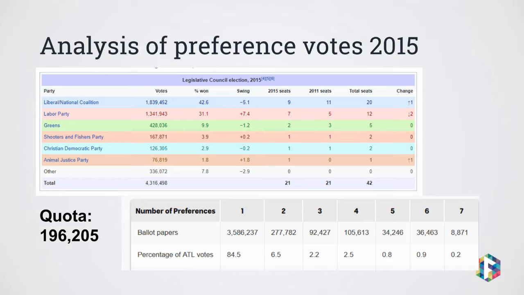But what this results in is that the majority of people simply number 1 preference, as in 84.5% of people simply write 1 for one particular party, and after that the votes do not get redistributed.